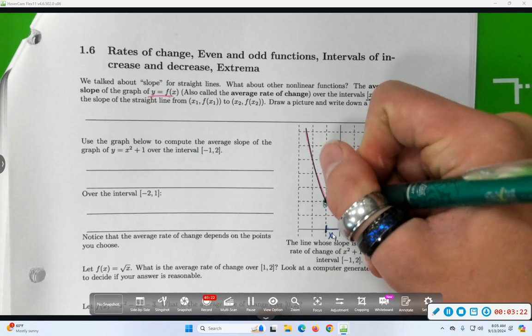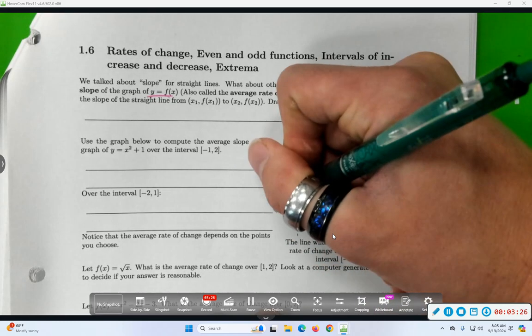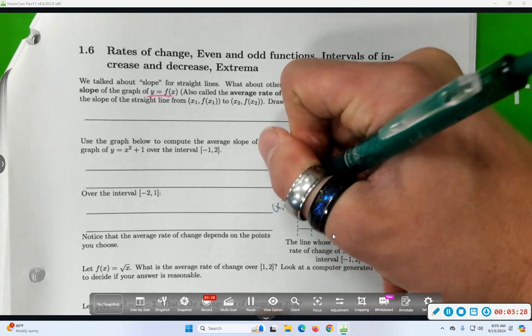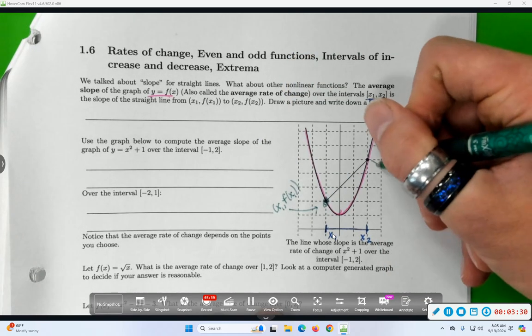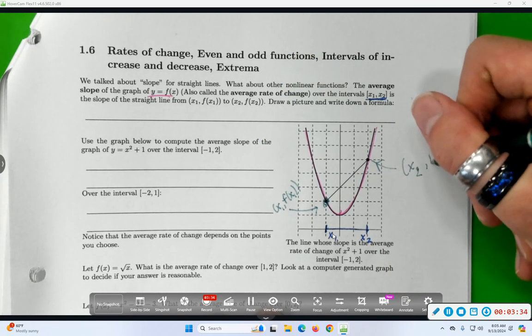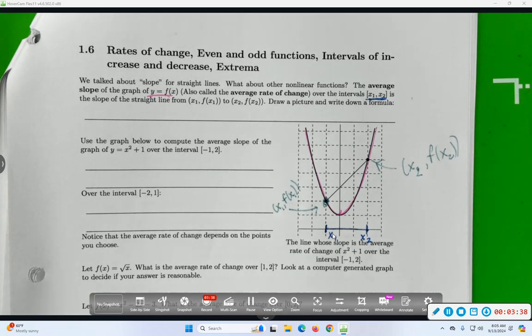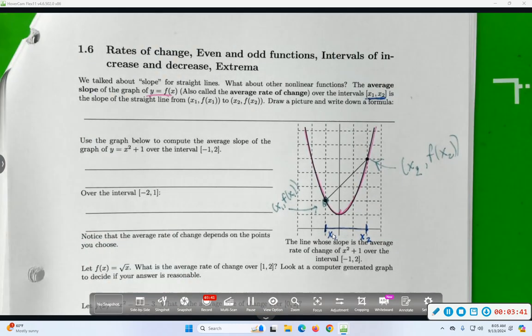All right, so that x1 just means that the x coordinate is x1. The y coordinate comes from the function. So the average rate of change is the slope of that straight line.